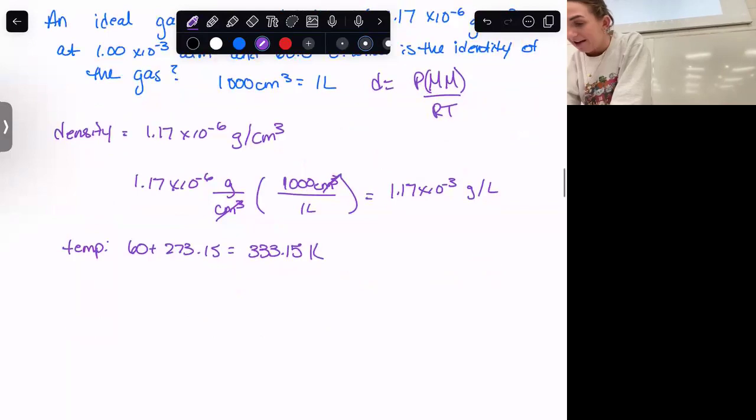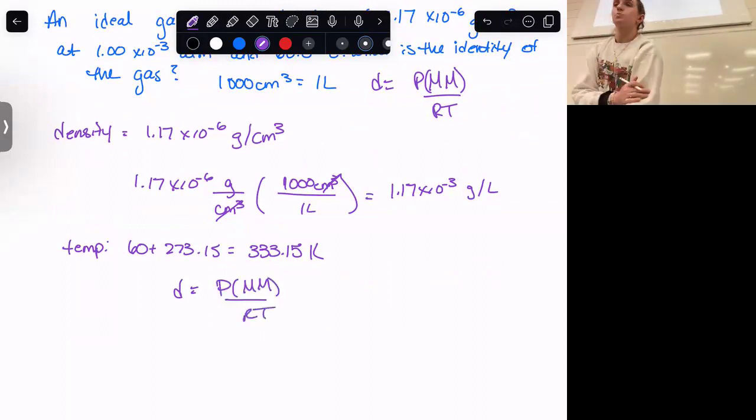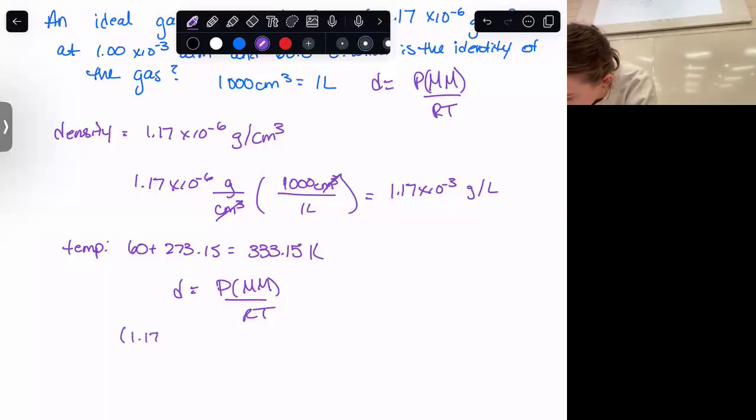So we know that we have density is equal to pressure times molar mass divided by RT. We're solving for that molar mass. And so we said density was 1.17 times 10 to the negative 3 grams over liter.